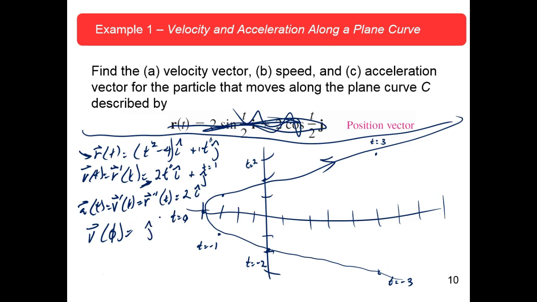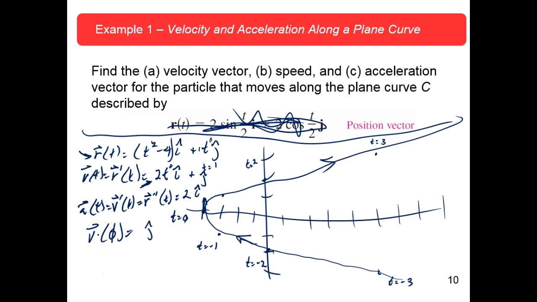So that's it. Velocity vector at time t equals 0, right there. You see, you have no horizontal component of velocity. The only component is upward. Because, remember, the particle is moving in this direction, and it's 1 unit up.